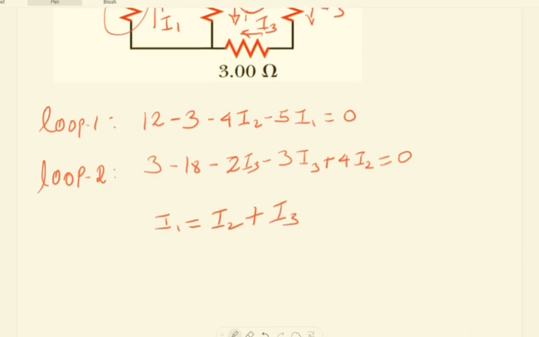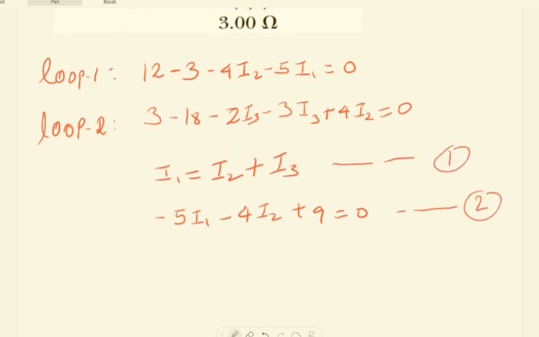From loop 1 we have found 12 minus 3 is simply 9, and finally we get minus 5 i1 minus 4 i2 plus 9. This is 0. Of course this is equation 1, this is equation 2.